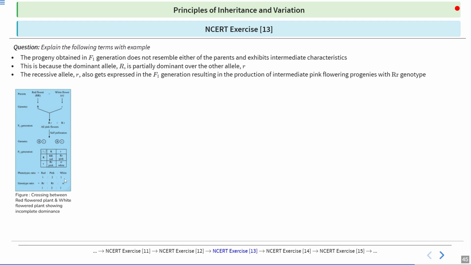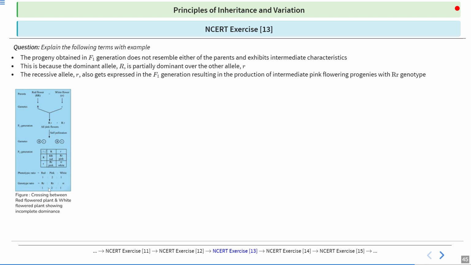Usually in a monohybrid cross, which Mendel did, the phenotypic ratio is 3:1. This 3:1 ratio you get when the genes are following the law of dominance. When incomplete dominance is observed, the phenotypic ratio changes and it becomes 1:2:1 instead of 3:1.